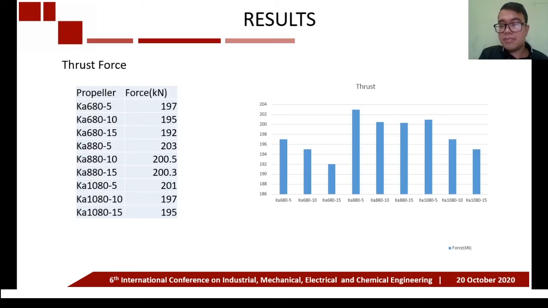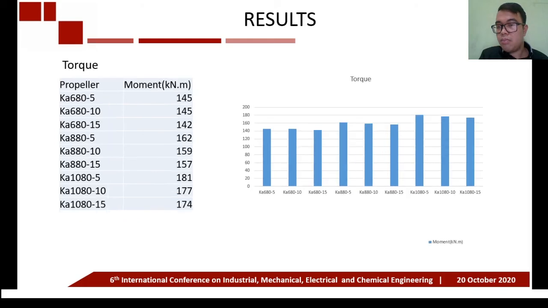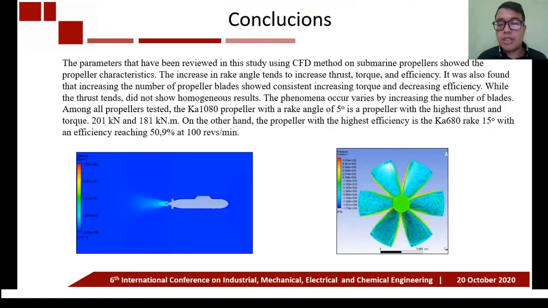Going up to the results, this is the result for the torque and the thrust. This is the result for the torque, moment, and the result for the efficiency. Among all 9 simulations, we can conclude that the parameters reviewed in this study using the CFD method on submarine propellers showed the propeller characteristics.